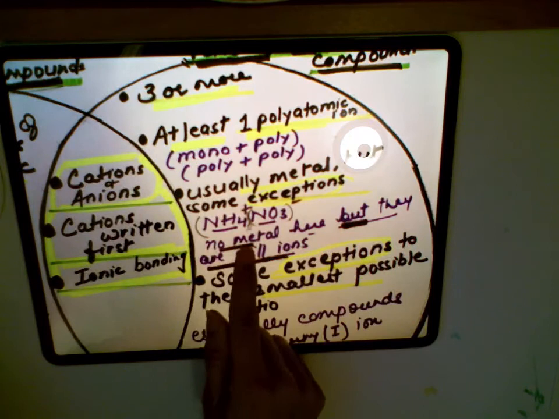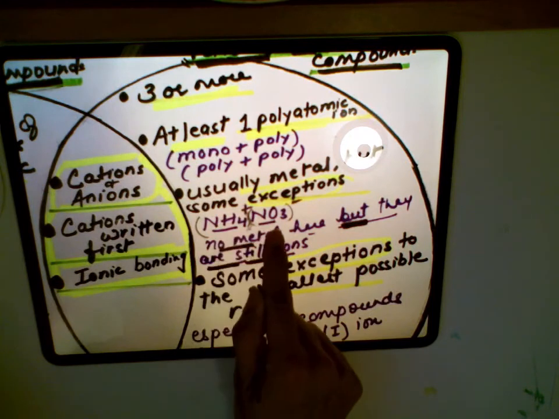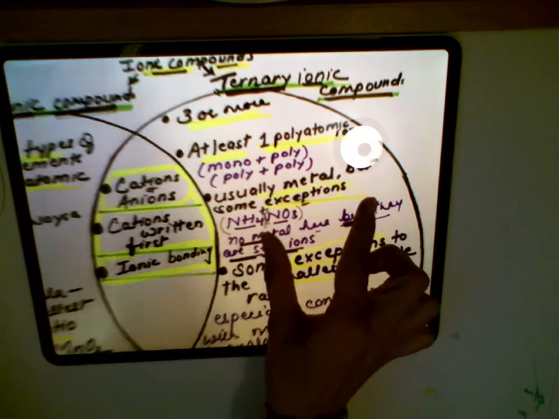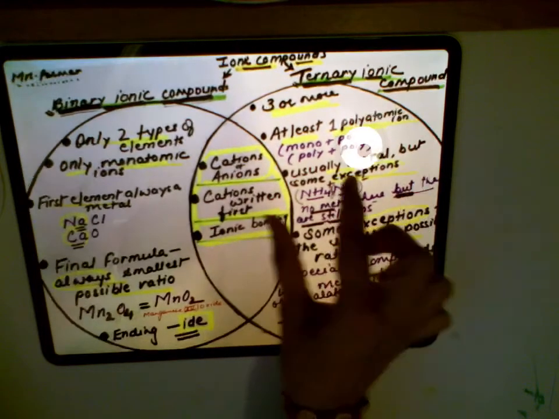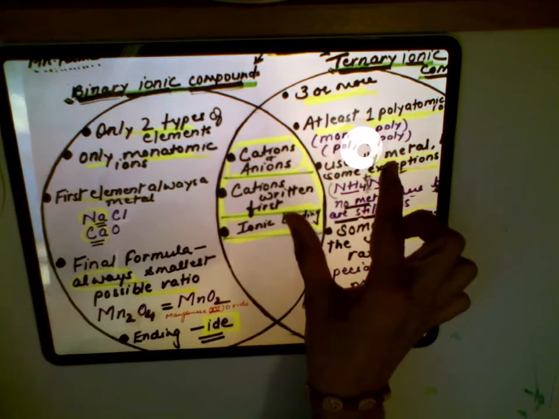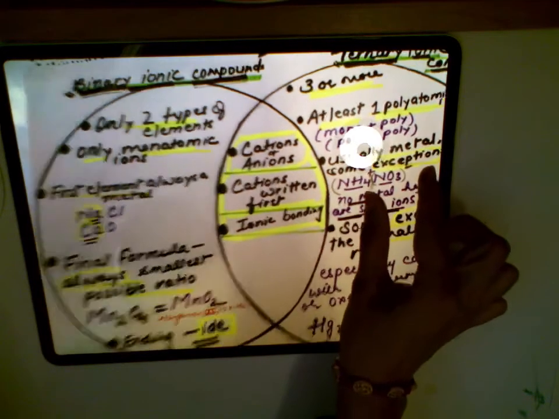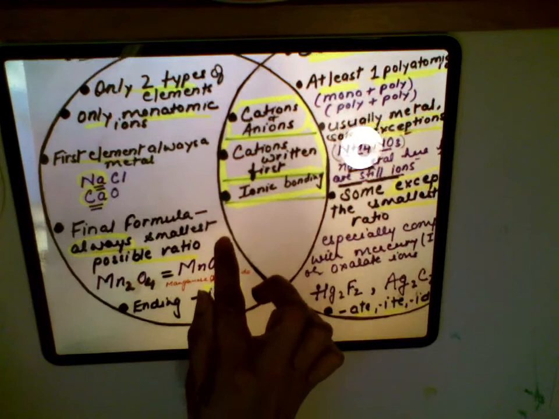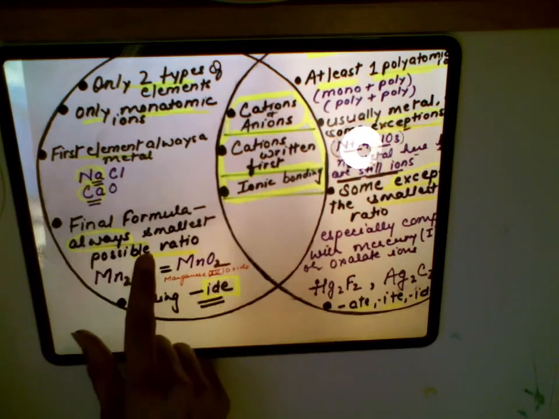You don't see any metal here. You have nitrogen, hydrogen, again nitrogen, again oxygen. However, it is still an ionic compound because it forms ions the same way, positive and negative ions.